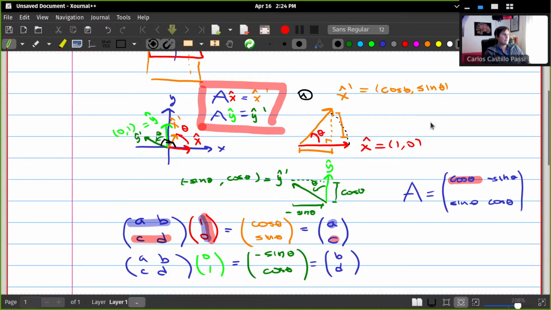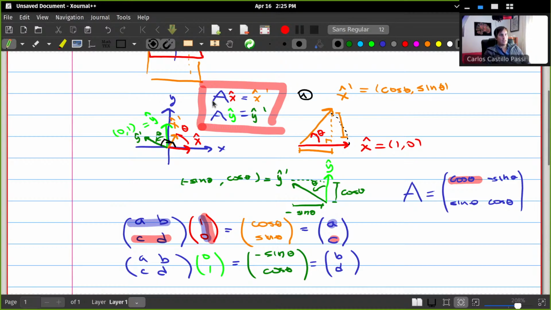No, clear. Okay, so we do the same with the y hat, but instead of remaining in the positive quadrant, it goes to the left, and that means that the x component is minus sine by the same trigonometry, and the y component is cosine. So this vector here. That means that our matrix applied to x hat equals x hat prime, and the same with y.